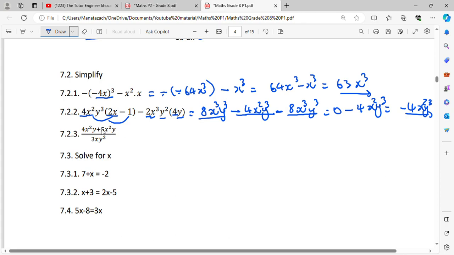And then let's go to 7.2.3. If you have a fraction like this, you can easily separate and divide each term by your denominator. That will be your first thing you're supposed to do. So that's what I did, just dividing this term and that term by the denominator.